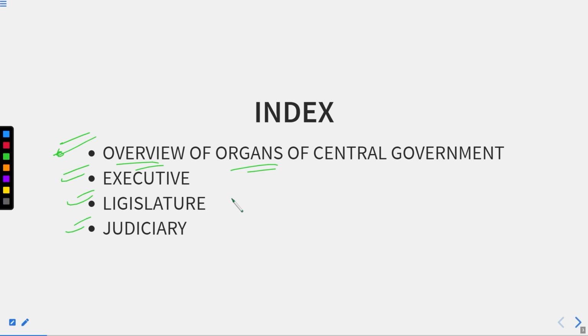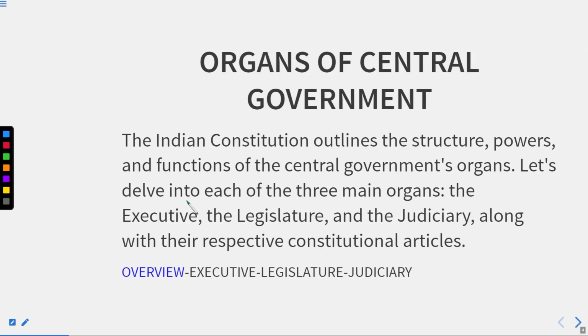From the examination point of view, the organs of the central government are of significant importance because questions have been directly asked from this segment in previous years. So there is a high chance that this year too you will get questions from them. Please pay your attention here. We are going to start with this.